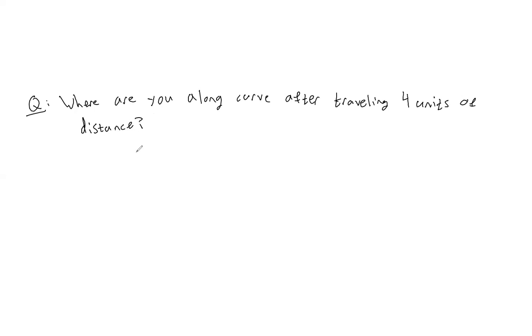If you're traveling along the curve, where are you along the curve after traveling for 4 units of distance? In other words, if your odometer tells you you've been traveling for 4 units, for 4 miles, where are you at that point? To answer this question, we're going to use what's called the arc length parameterization.